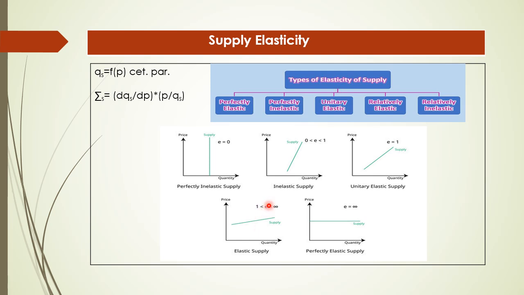That's why the value of elasticity is less than infinity but greater than 1. And lastly, there is perfectly elastic supply. The value of elasticity for this is infinity. That means the quantity supplied will keep increasing even if the price remains constant.